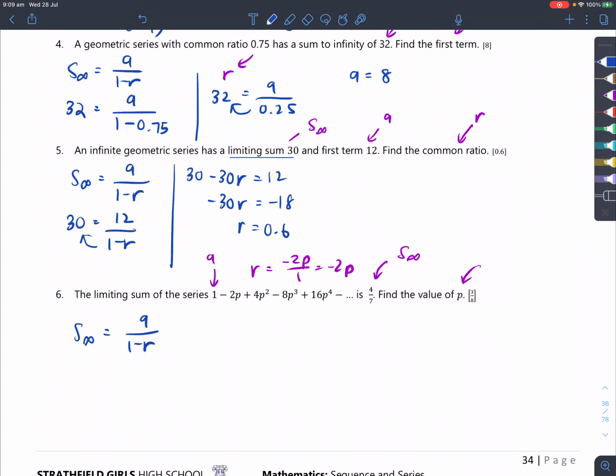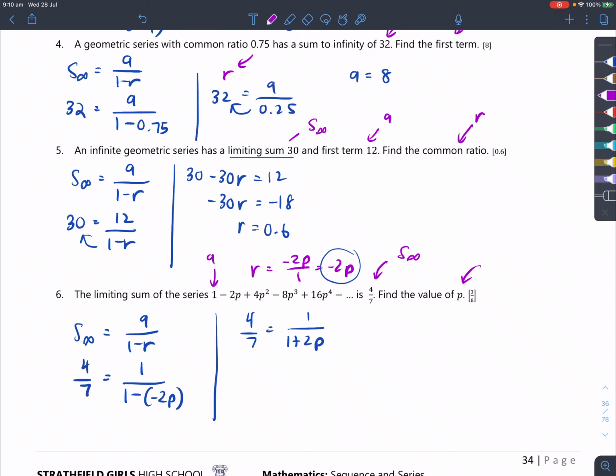Now, what are we going to do here? We're going to substitute in the sum to infinity as 4/7. That's equal to a, which is 1, over 1 minus r. Now, r is negative 2p, so we'll substitute in that. And again, we just solve. So 4/7 equals 1 over 1 plus 2p.